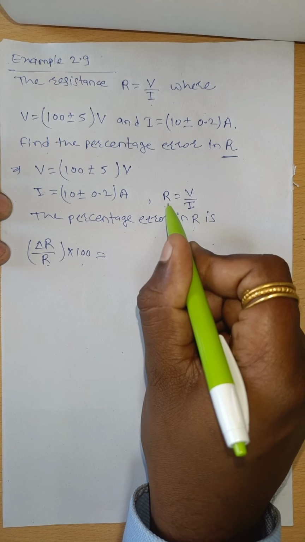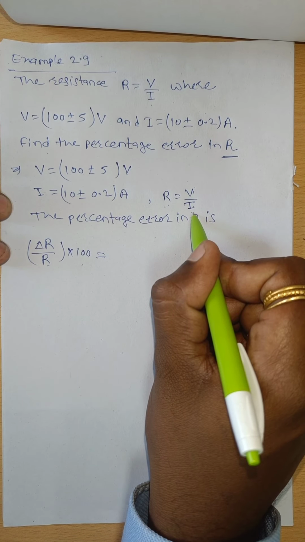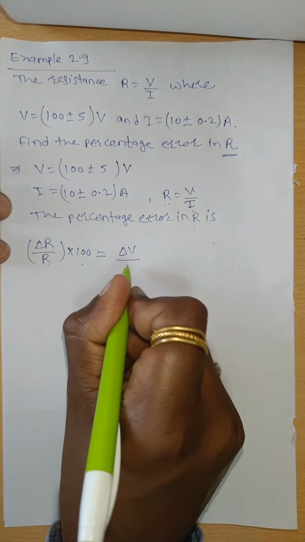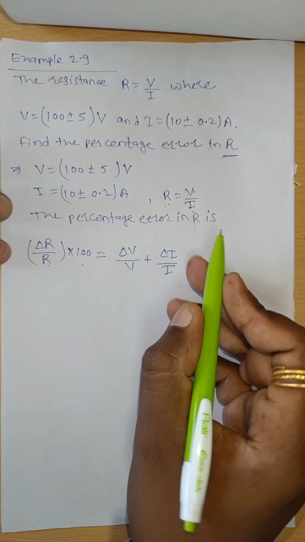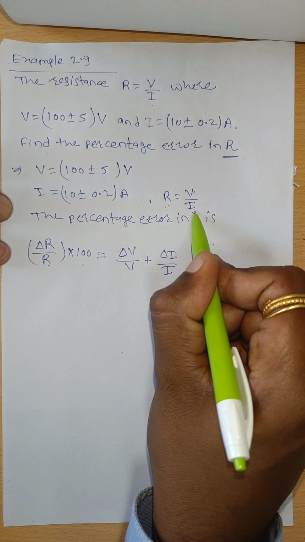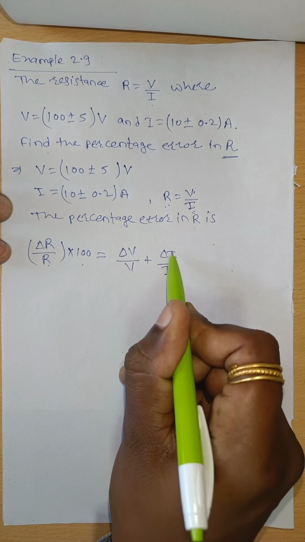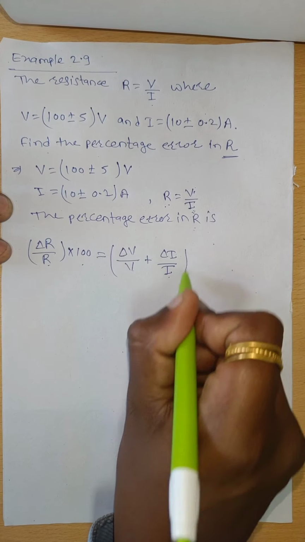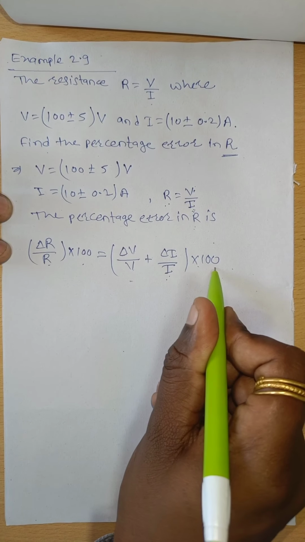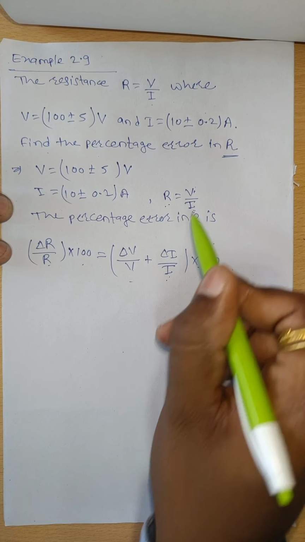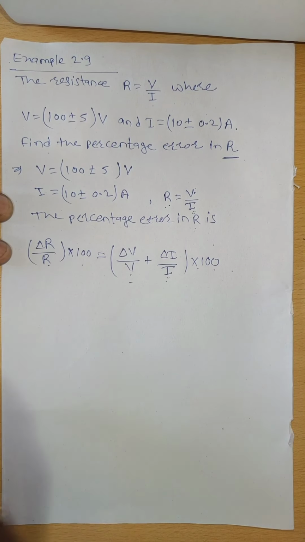The relative error of R, which is V by I, is nothing but delta V by V plus delta I by I. Now this is the relative error of V by I. The relative error of V by I is delta V by V plus delta I by I, into 100, which means this is the percentage error.